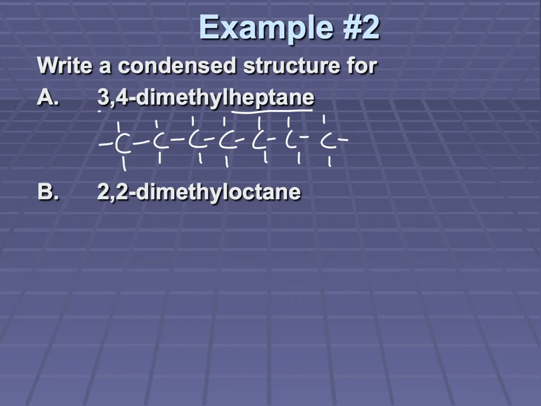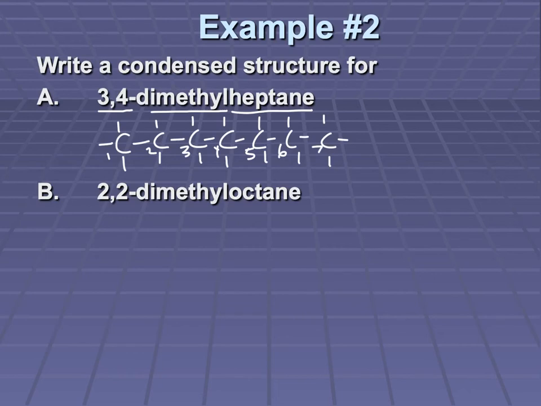Then it's telling us off of carbon 3 and 4 there's going to be a methyl group. It doesn't matter which way you count it, you get to decide. It's up to the person who is naming it to figure out which way you counted it. So let's go in this order: 1, 2, 3, 4, 5, 6, 7.